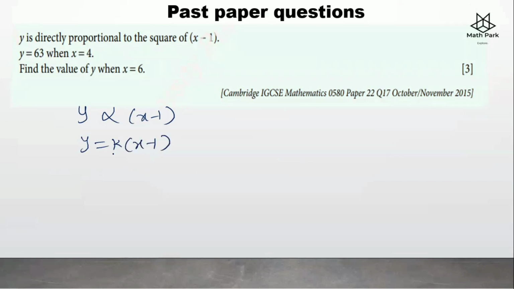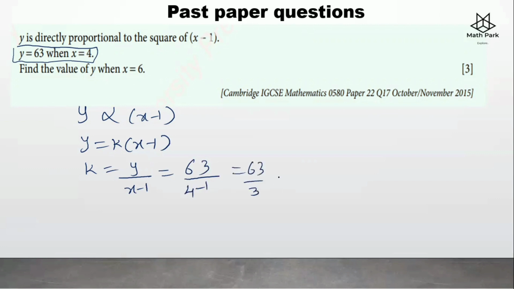So we need to find k using the values y is equal to 63 and x is equal to 4. So we get k is equal to y upon x minus 1. Y is 63 and x is 4, so 4 minus 1. So we get 63 divided by 3, which is 21. So we got k as 21.